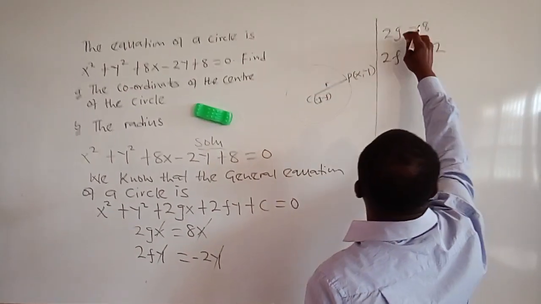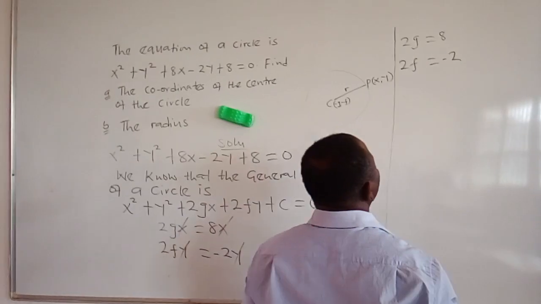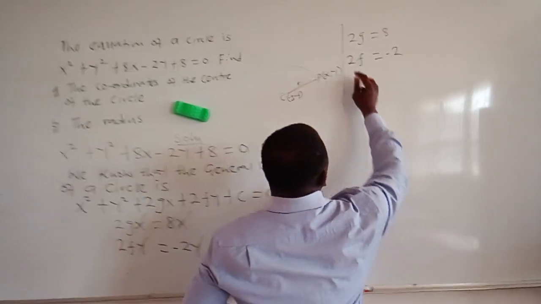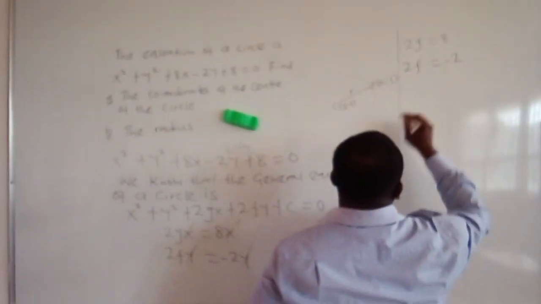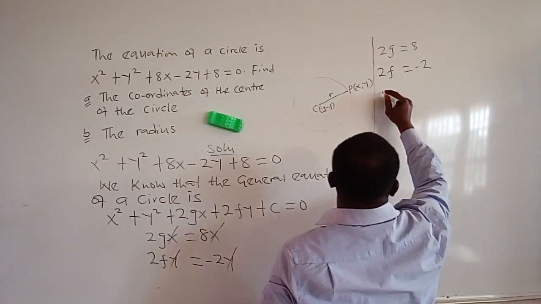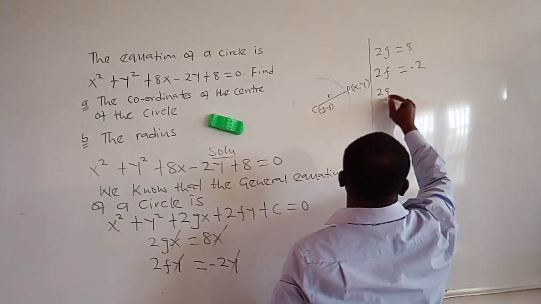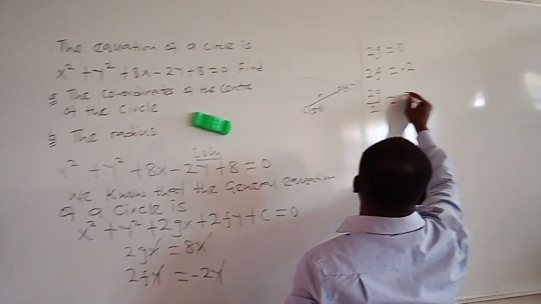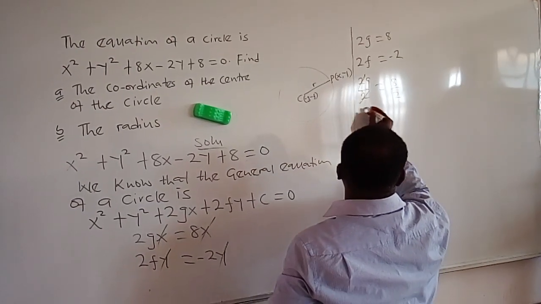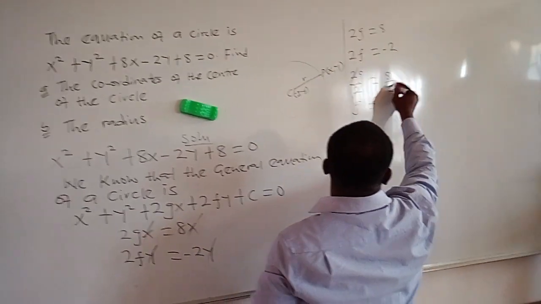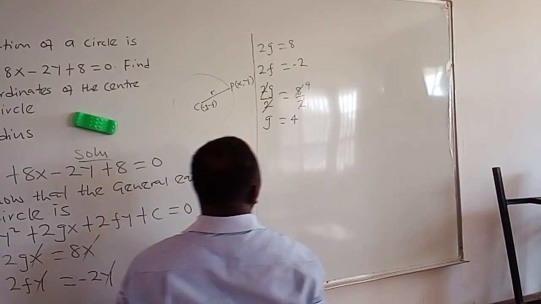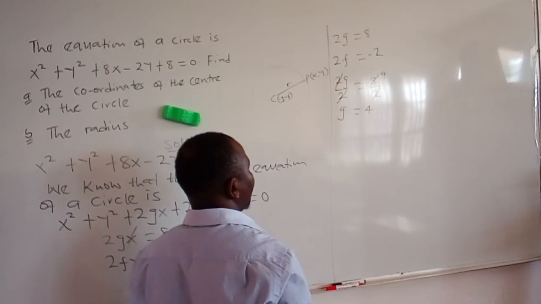So for us to obtain our g, we are going to divide through by 2. If we divide through by 2, we will have 2g all over 2 equals 8 all over 2. This and this will go. Then our g is equal to 4.